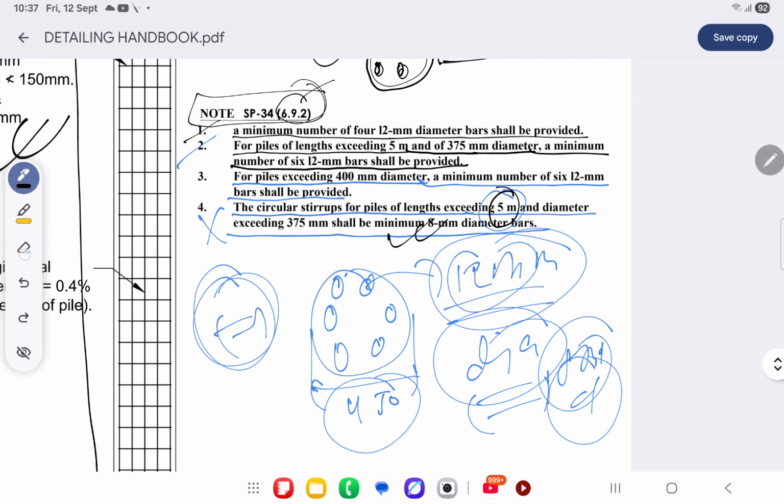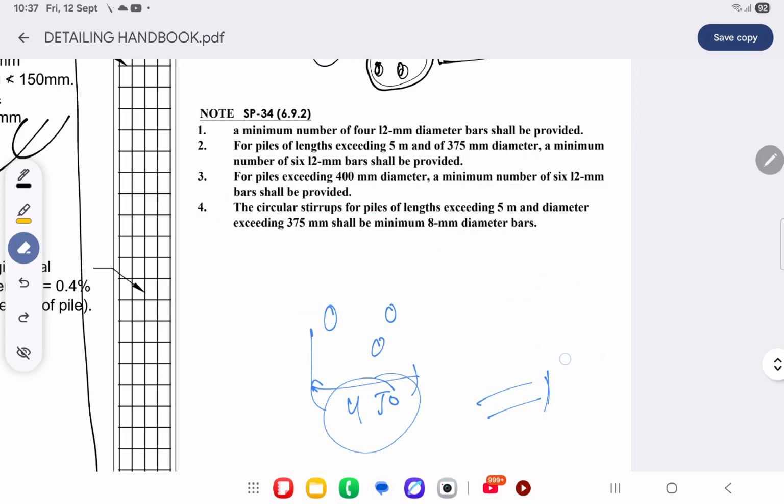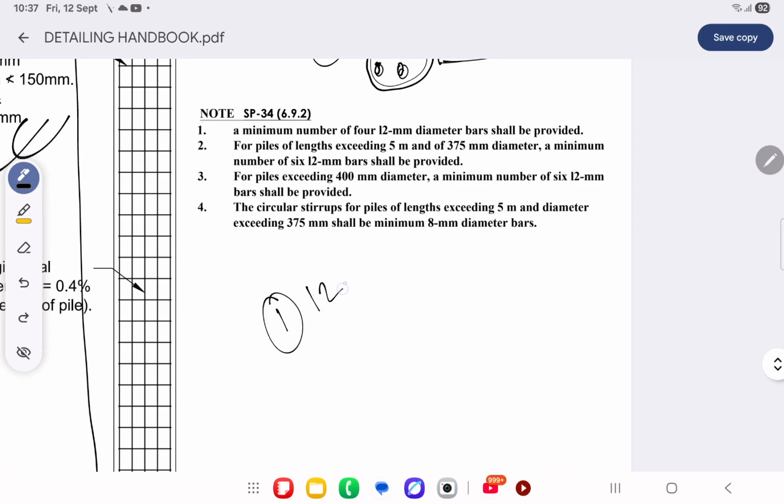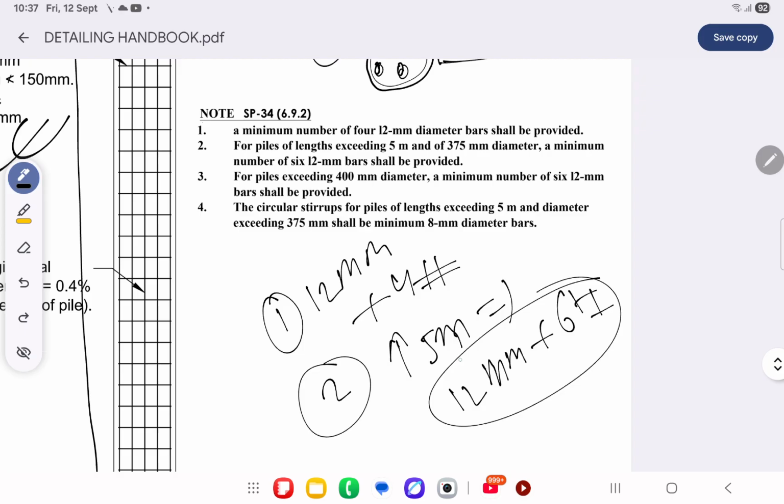So what we have seen here: first, the minimum diameter of the bar you have to provide is 12 mm with 4 bars, in normal cases. If the length of the pile is more than 5 meter, minimum 12 mm with 6 bars you have to provide. If the diameter is exceeding 375 mm, you can provide this.